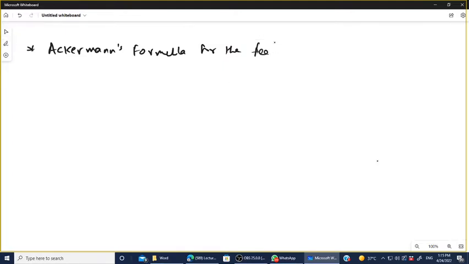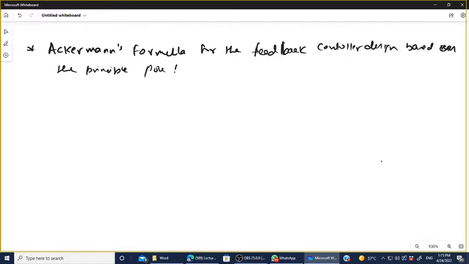Today we will cover the Ackermann formula for the feedback controller design, based on the principle of pole placement design.